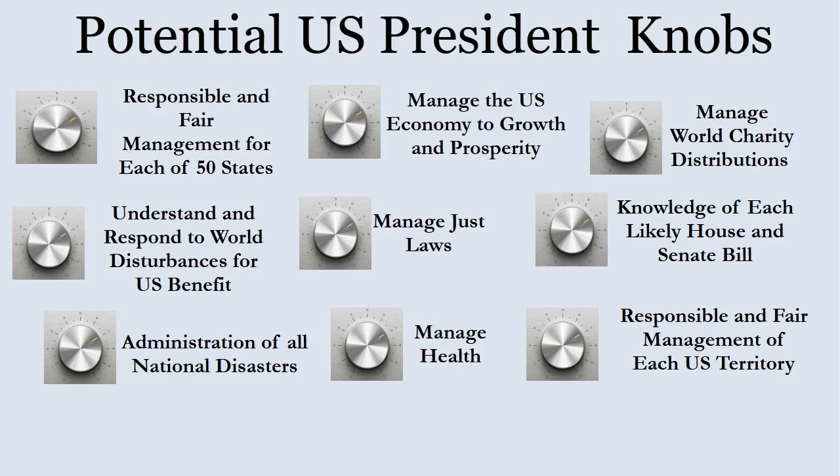The last knob I will discuss is "understand and respond to world disturbances for U.S. benefit." I picked this knob because it's very complex and sometimes hard to predict. I will give you a few sub-knobs to highlight the complexity of this knob. One sub-knob could be what we want to accomplish to our benefit in the Russia versus Ukraine war.